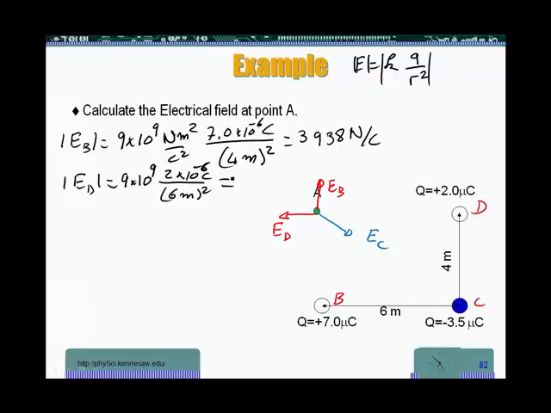Okay, and this should give us 9 times 10 to the 9 times 2 times 10 to the minus 6, so that's 18 times 10 to the 3, and then divided by 36. So that gives us 500 newtons per coulomb.